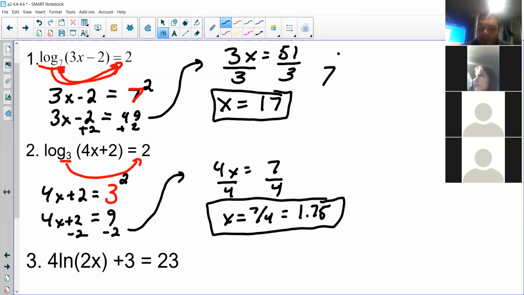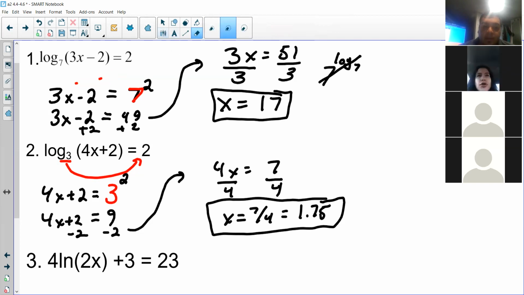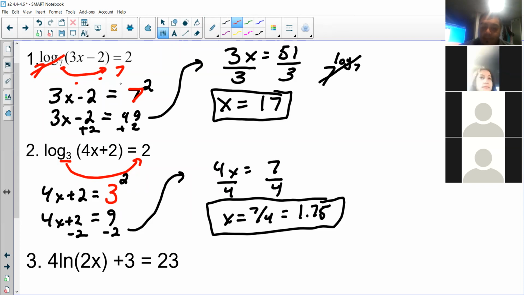But when you have 7 to the log base 7, so you have a 7 in the exponent, the base here, they cancel out. So what you're technically doing is you're putting a base 7 underneath both of these things. Now, if I put a base 7 on the left, that crosses the log out. How I always describe it to you guys is just I move the base of the 7 over here.